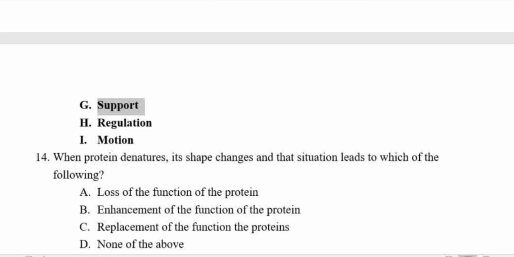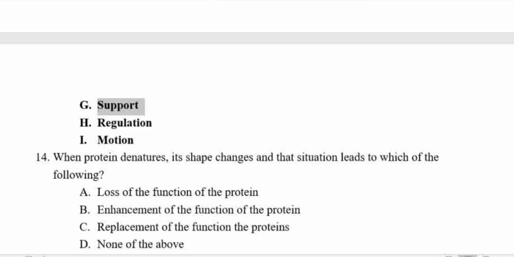An example is the protein called keratin. Keratin makes up hair and nails. So your hair contains keratin, your nails contain keratin, and that is one way that we can say that some of your proteins have a structural function.